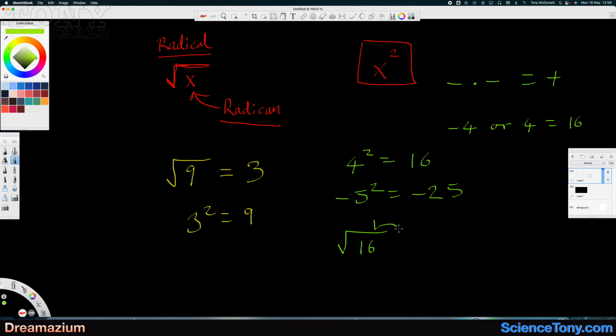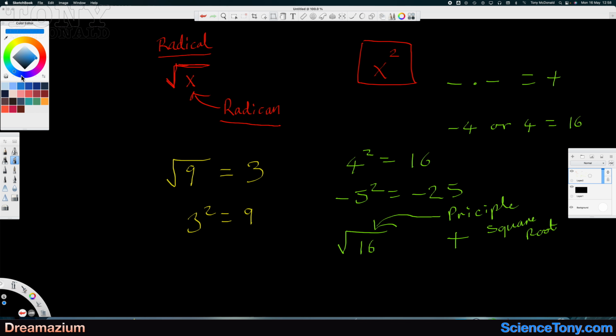However, when we're talking about this usually, unless it's indicated otherwise, it's called the principal square root, and that means that it's always going to be the positive.